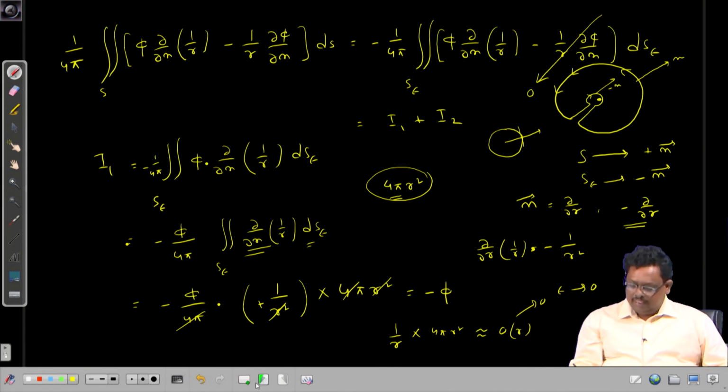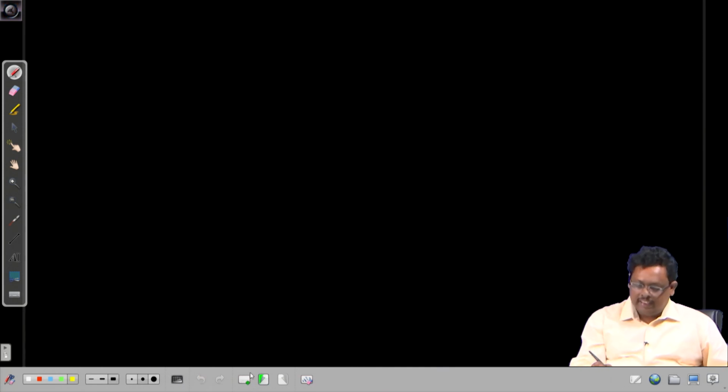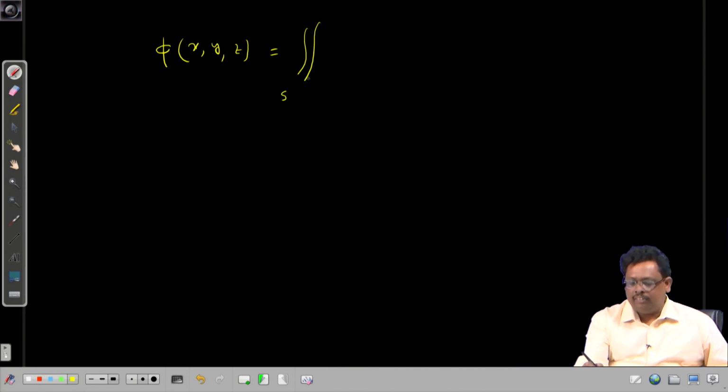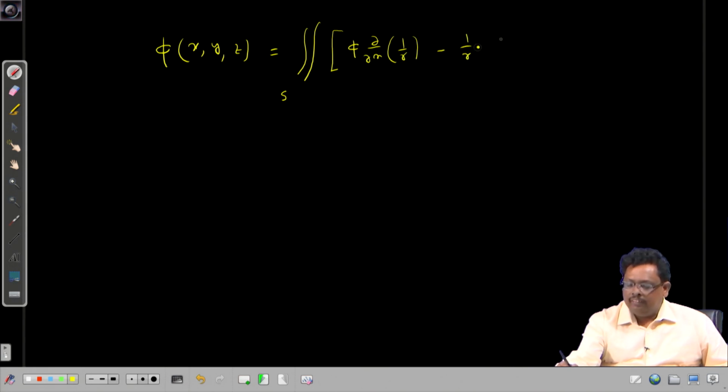And then I get a very nice expression, and my nice expression is as follows. I can get this phi at any point x, y, z if I distribute the singularity over the surface, and if I know the normal derivative of the singular function 1 upon r, minus 1 upon r, and the normal velocity of the particle at this surface.